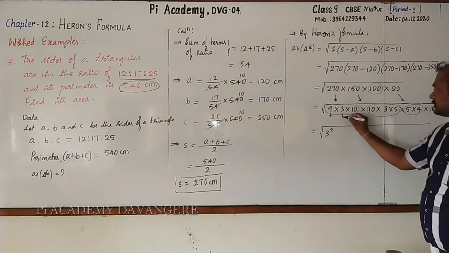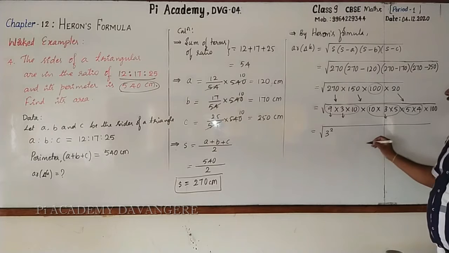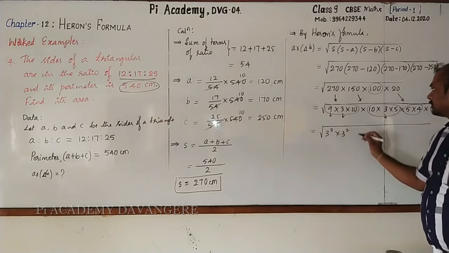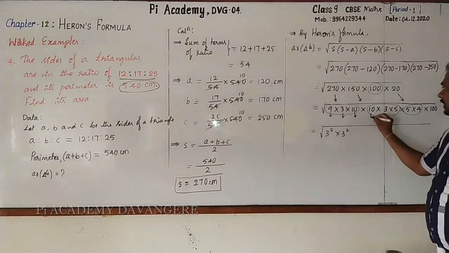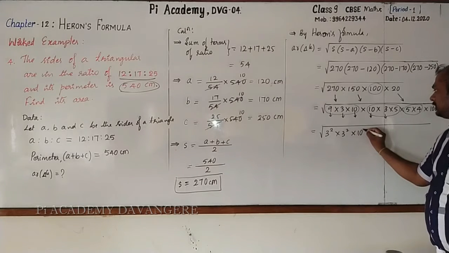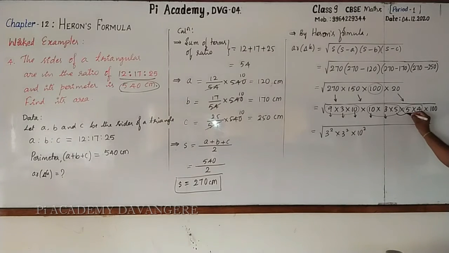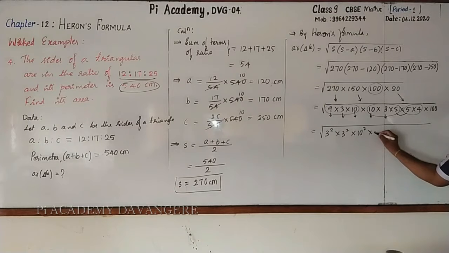Next, this 3 and this 3, it is 3 square. This 10 and this 10, it is 10 square. These two 5 into 5, 5 square. Whereas 4 is 2 square and 100 is 10 square.